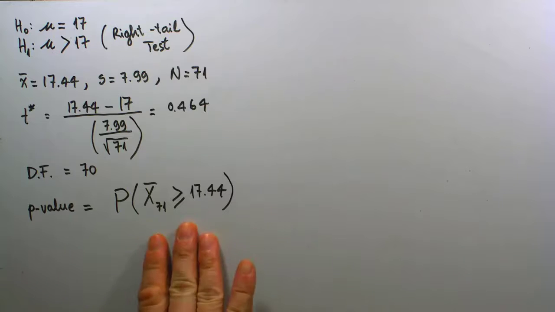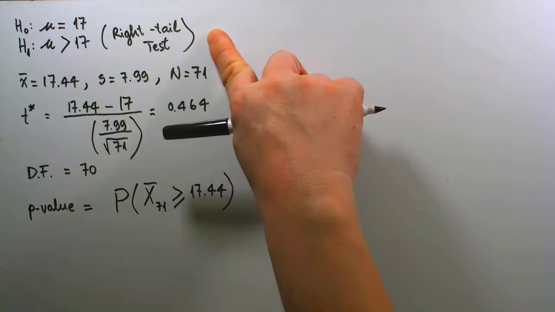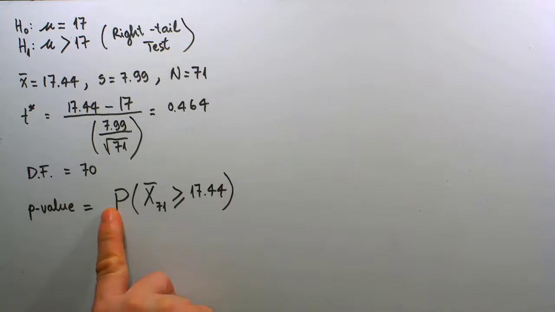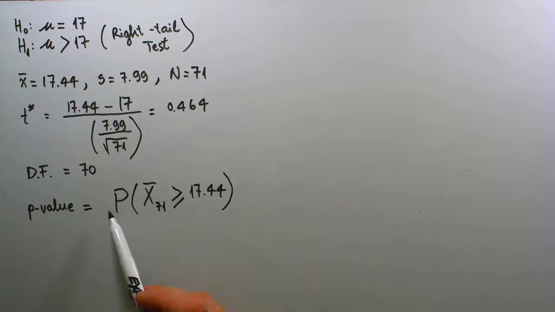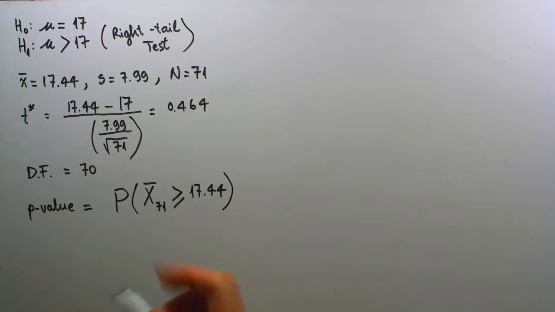But this time the problem is simply a right tail test, so there's no need to double this probability, as we have seen in some of the earlier problems where we had a two-tail test.